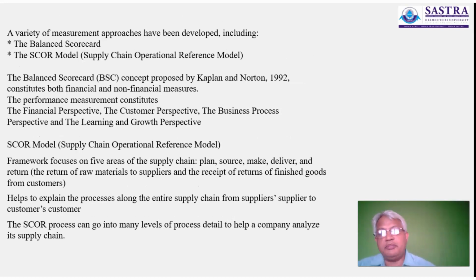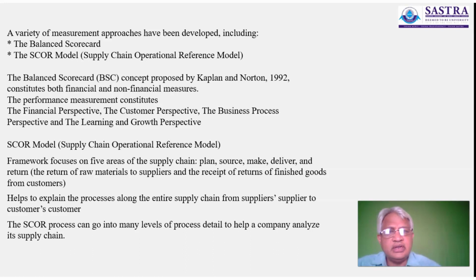Now, besides the previous performance measurement, the new age also looks into various different approaches. One of the approaches is a balanced scorecard. The other is the SCOR model, which is the supply chain operational reference model. However, I've been very brief in this too, to give you information about the existence of these very important and very different approaches.